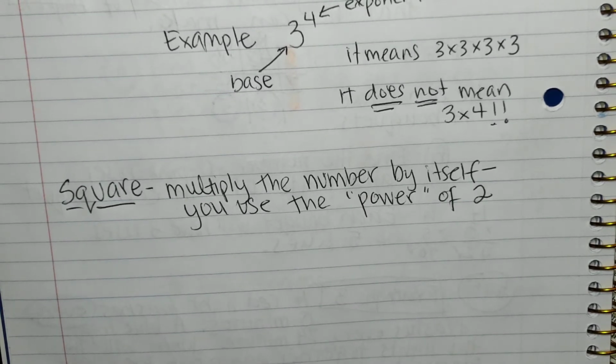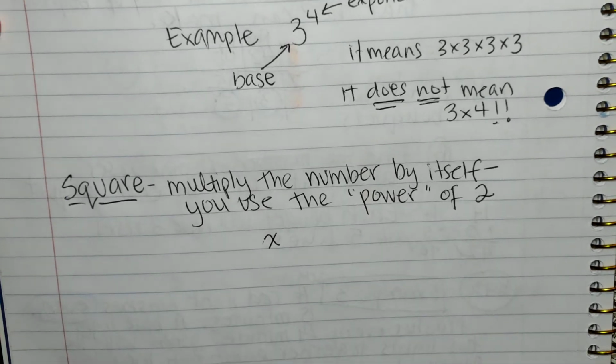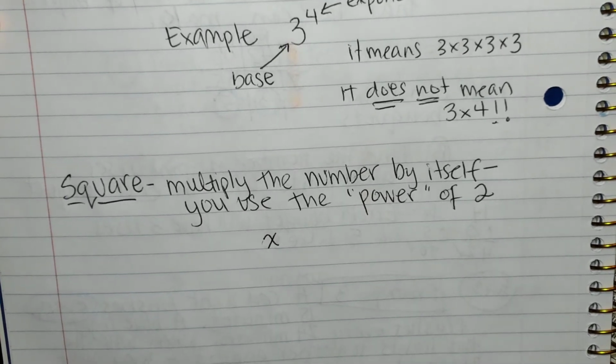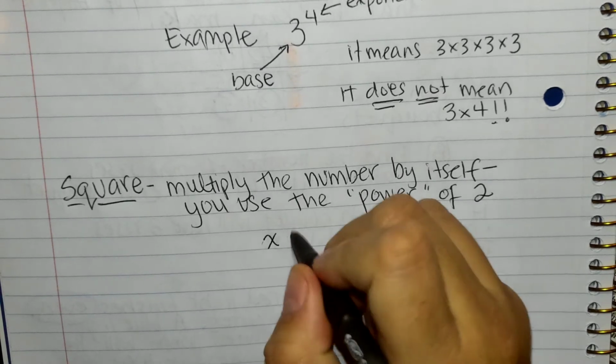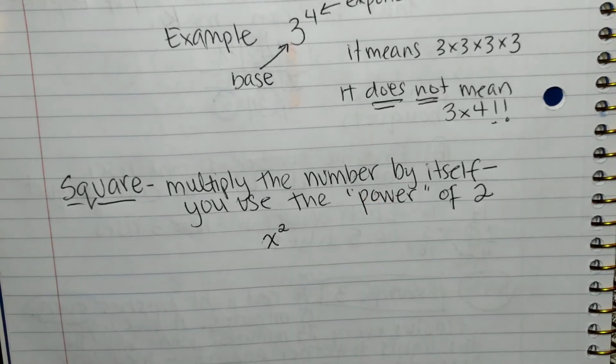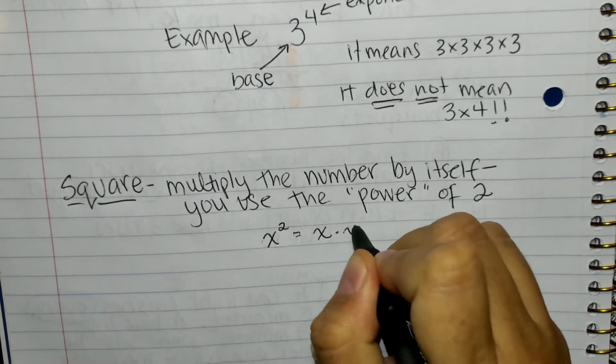So I'm going to say I have a number. It can be any number, and I'm going to call that number x. Here's where algebra comes in a little bit. X stands for any number, and then I square it. And that means x times x.